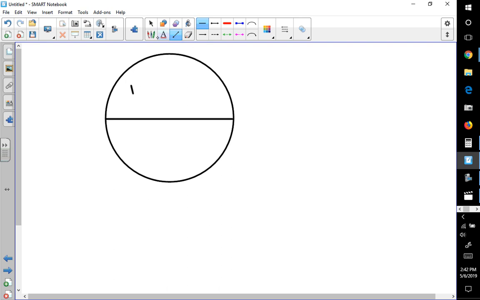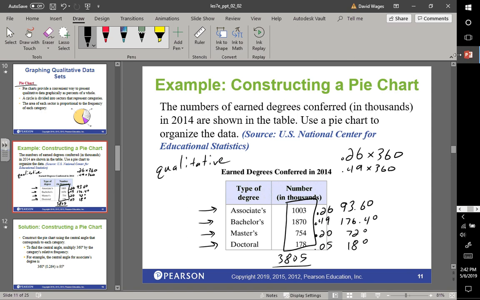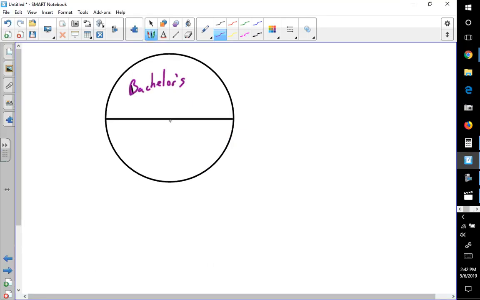So we could say that half of this, not quite half really, but almost half, is a bachelor's degree. And then the next largest one is associates. It's a little bit over 90 degrees. So if we come off a little bit over 90 degrees, there's associates.